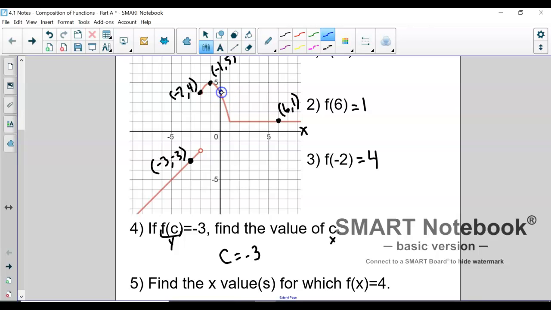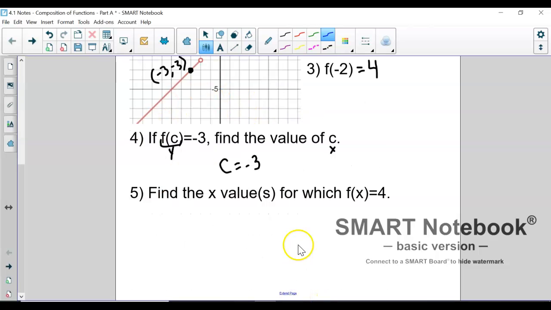We've got this point right here, and we also have this point right here. The coordinates of this point are -2, 4. We already saw that earlier. And then right here we have the coordinates 0, 4. So for this, you're actually going to have 2 answers.